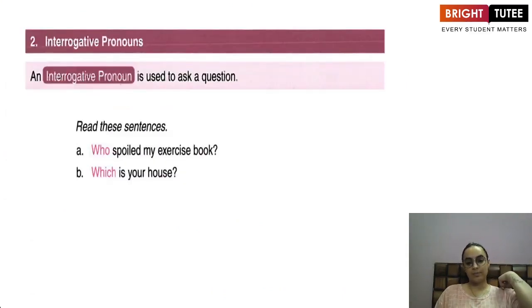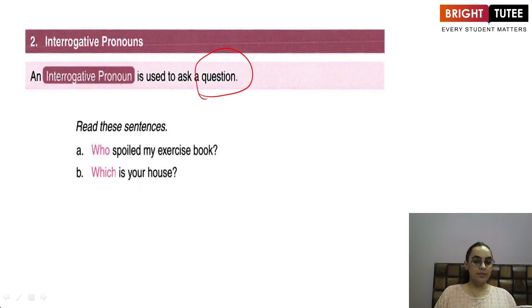The second type of pronoun is an interrogative pronoun. Now, when we talk about the interrogative pronouns, interrogative means question. So, those pronouns which help you to ask a question are known as interrogative pronouns.